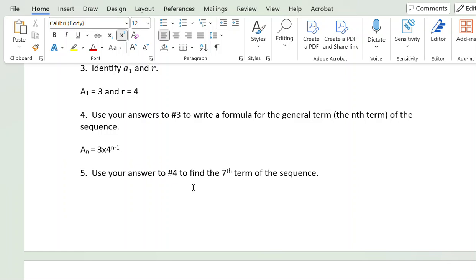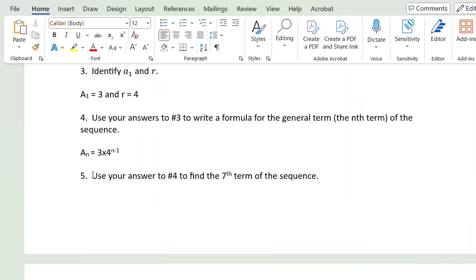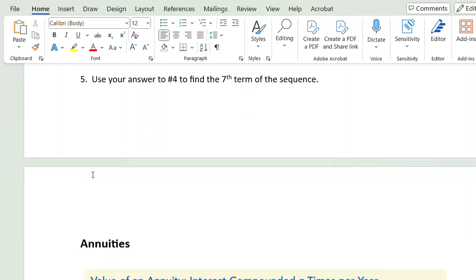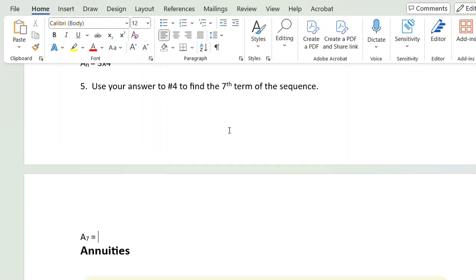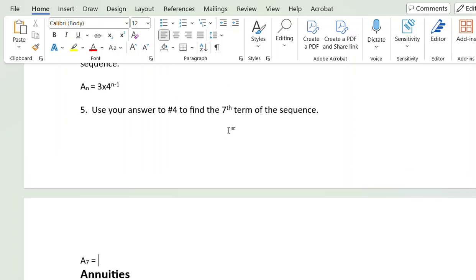So now we're going to find the 7th term of the sequence. So I'm going to plug in 7. a_7 is going to be 3 times 4 to the 7 minus 1 power.